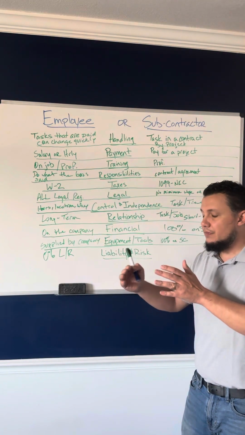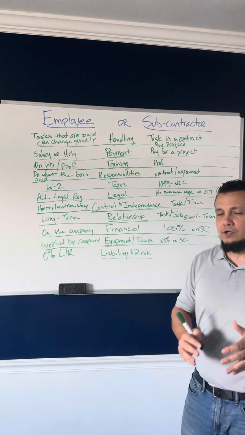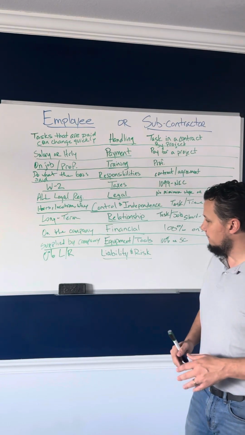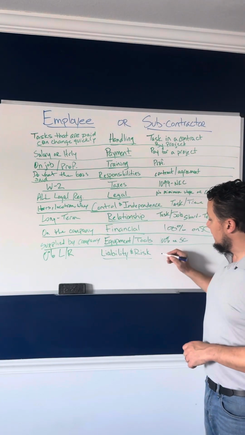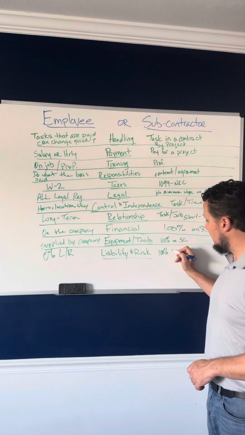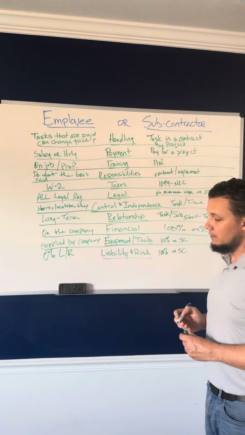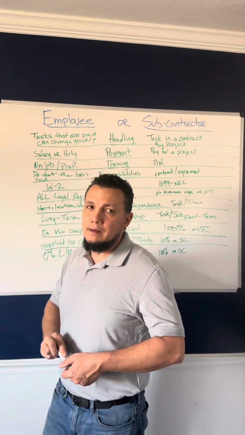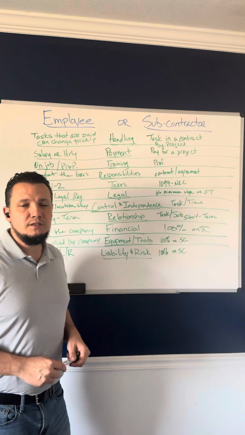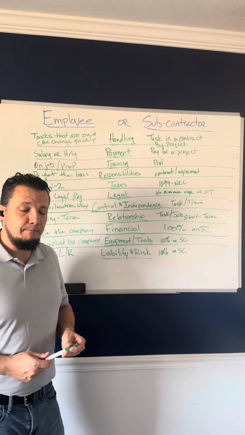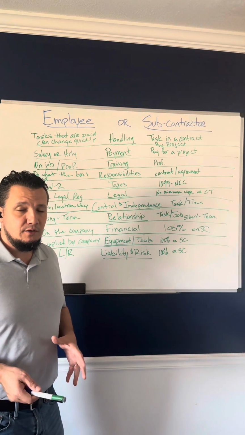That is on the company. It is not the employee's responsibility. Liability and risk as a subcontractor is 100% on the subcontractor. It is up to them to make sure that they handle their profit and loss, their risk management, and things of that nature.